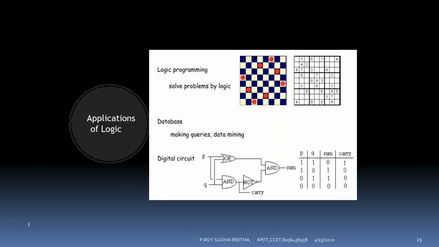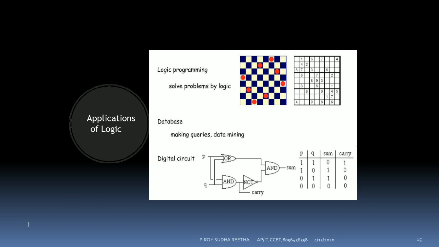And where are the areas where this logic is being used? In the applications of logic, we are going to see this in this slide. First, it is used in logic programming. Logic programming can solve problems like tic-tac-toe.